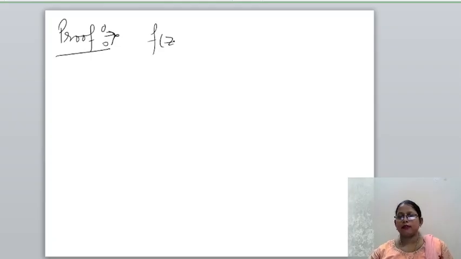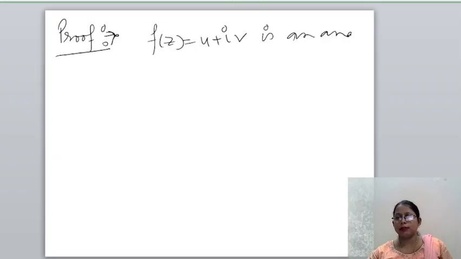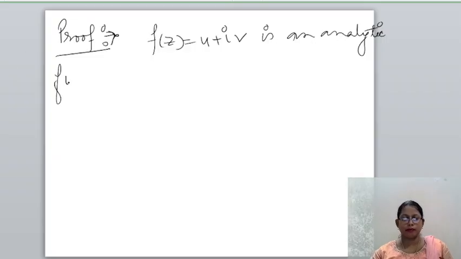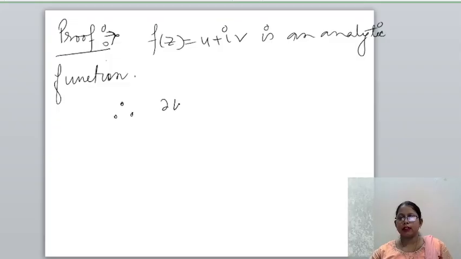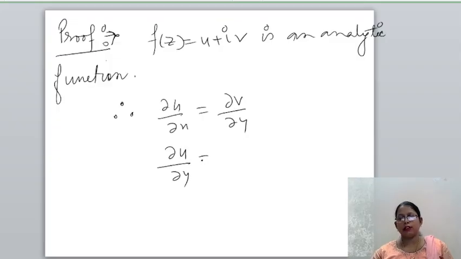f(z) equal to u plus i v is an analytic function, therefore it satisfies Cauchy-Riemann equations. Therefore del u by del x is equal to del v by del y, and del u by del y is equal to minus del v by del x.